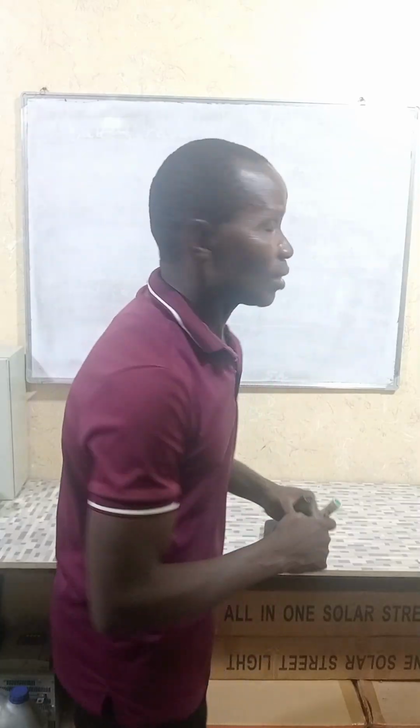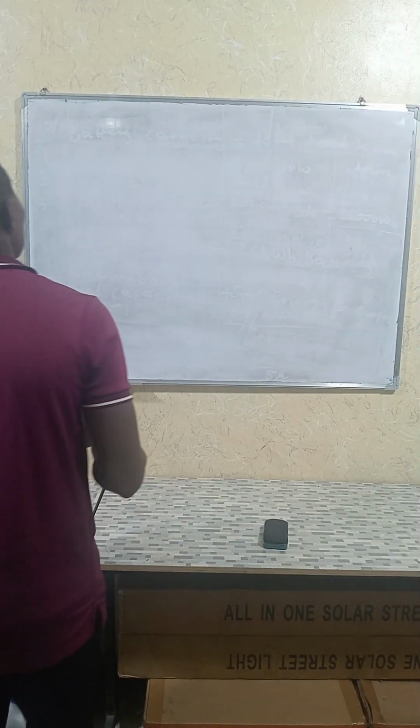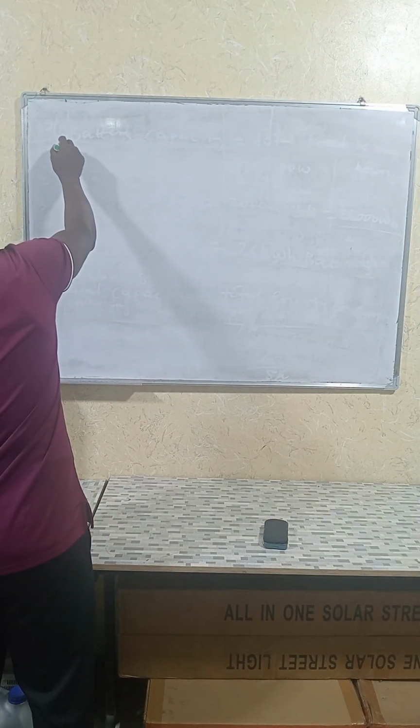Question 1A. What is the size of the solar battery to use if you are to run this load for 13 hours? And remember that the size of the battery is the capacity of the battery. And that is why we are looking at it. So now, the battery capacity.